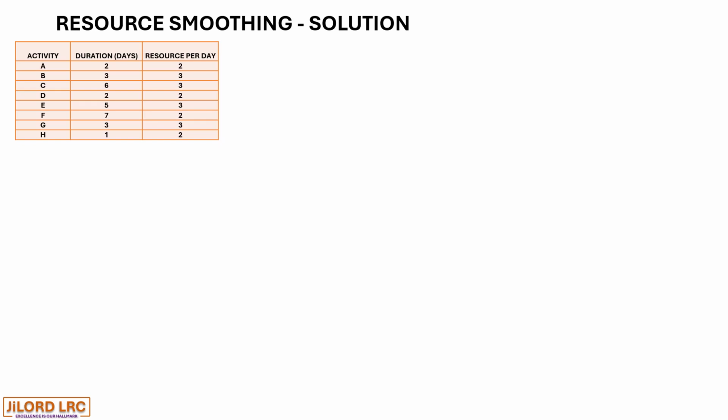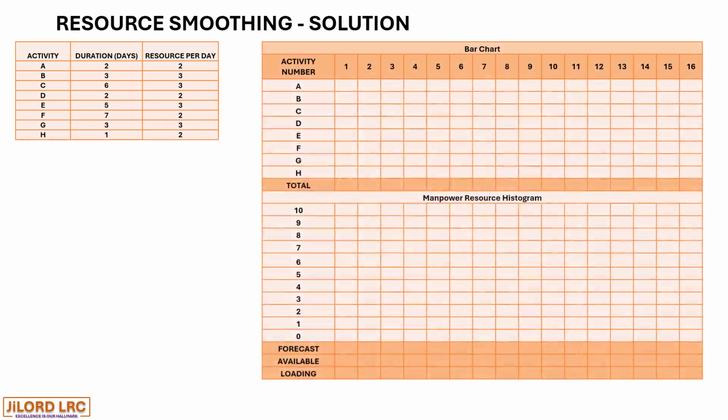With the same information, we bring our chart and we start drawing our bar chart with the resources that are available per day. So for activity A, which has a duration of 2, with resource per day as 2. And we have activity B, of duration 3, with resource per day 3.